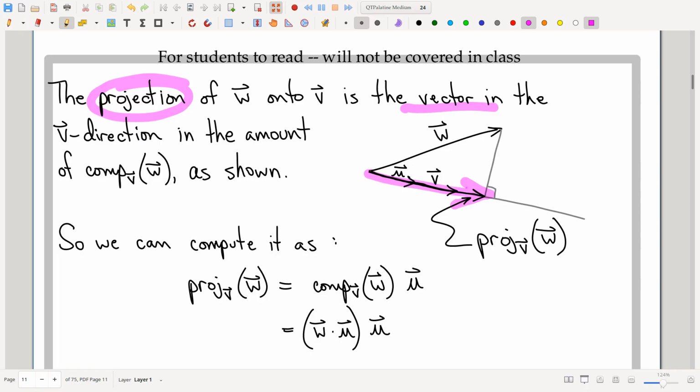Okay, so we've got a formula for components. How are we going to find a formula for projections? The answer is actually really nice. The projection, being a vector, all I need to know is the direction and the magnitude. The direction is the unit vector, which we already have a formula for.